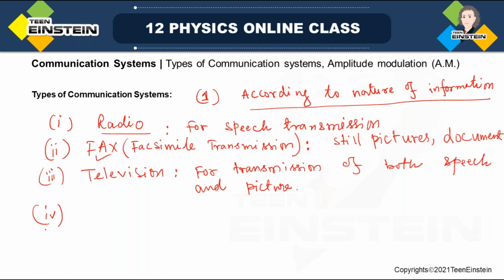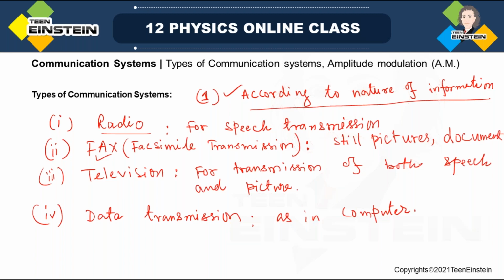Now the fourth one is data transmission. This is done nowadays in computers, okay, transmission of data, as in a computer. So this is according to the nature of the information which we transmit from one place to another.